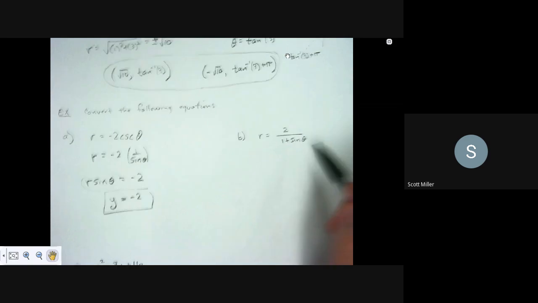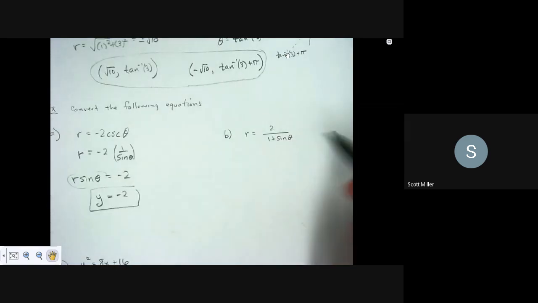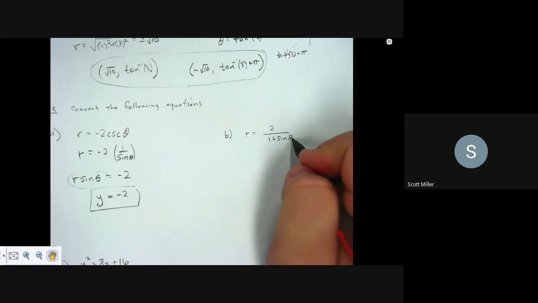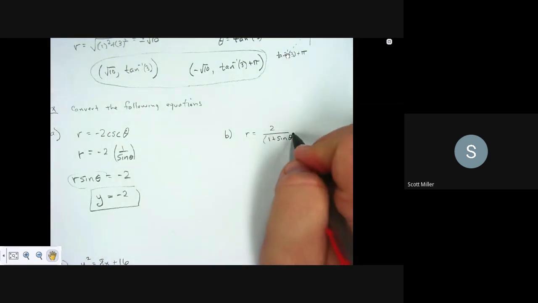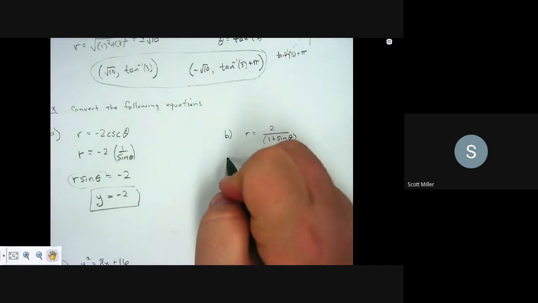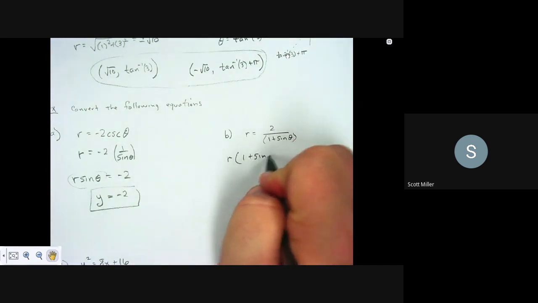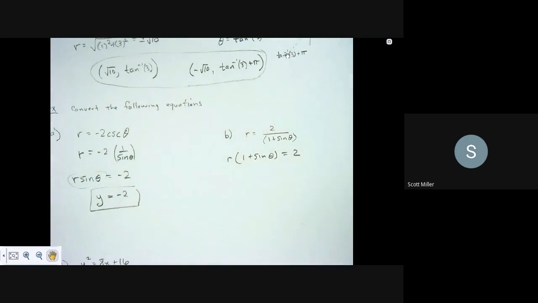Let's look at this one over here. Again, we don't want fractions involved, so we want to get things out of fraction form. Remember that in a fraction, if I have more than one term, that's in parentheses. Don't forget that. We're going to basically cross multiply here. We get r times 1 plus the sine of theta equals 2.